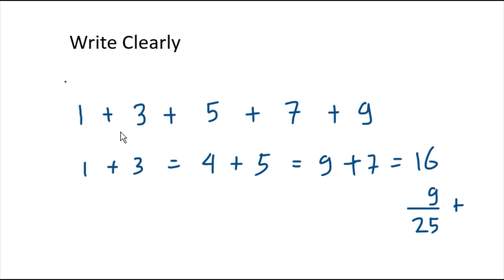this summation of 5 numbers, 1, 3, 5, 7, and 9. If someone write like this, 1 plus 3 equals 4 plus 5, that's wrong, because 1 plus 3 is not equals to 4 plus 5. So this is wrong, and also this is not equal.